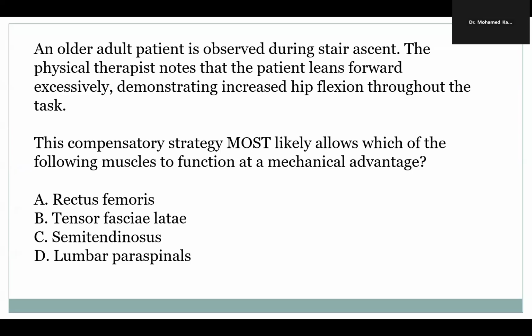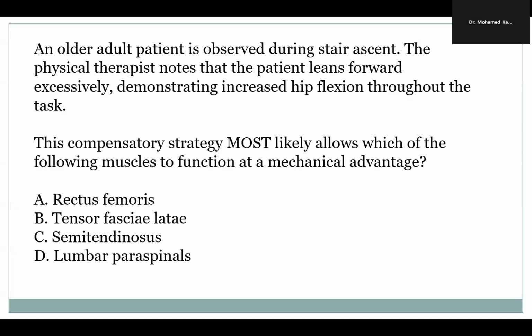Why? This compensatory strategy most likely allows which of the following muscles to function at a mechanical advantage. Is it rectus femoris? Is it tensor fascia lata? Is it semitendinosus? Is it lumbar paraspinals?